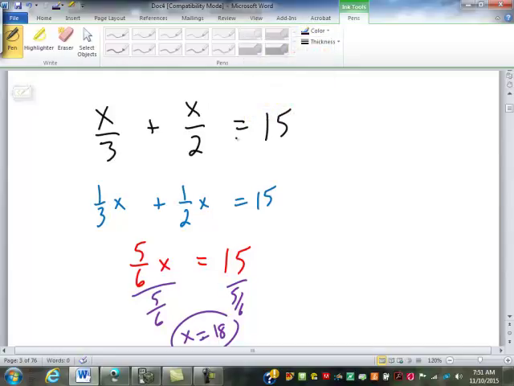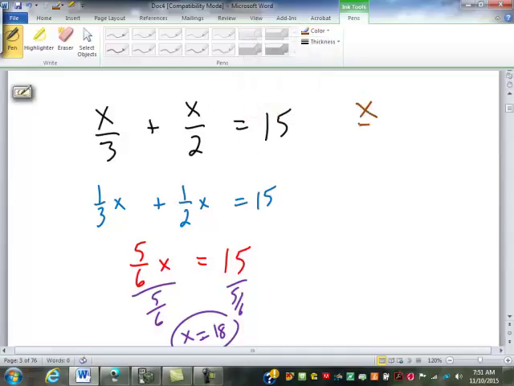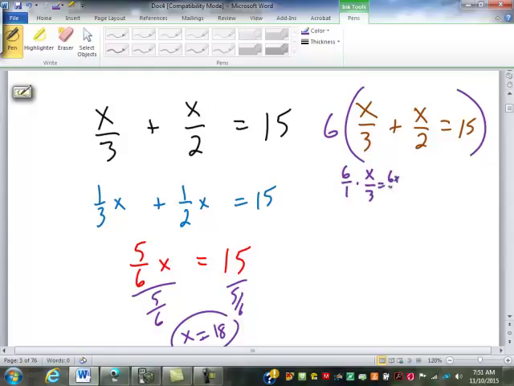So what's the other way we could have solved that? Well, we could have found common denominator of 6. Multiplied through by 6. So now 6 times x over 3, 6 over 1 times x over 3 is 6x over 3, otherwise known as 2x. 6 times x over 2, that's 6x over 2, otherwise known as 3x.